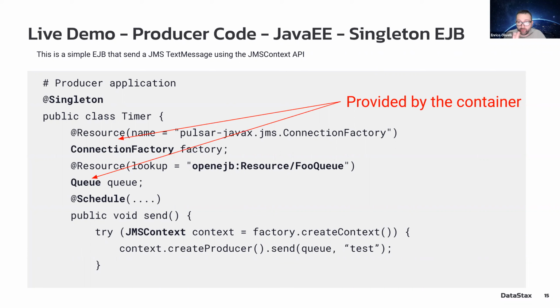This is for Apache TomEE, and here we are asking the container to inject the connection factory that I named Pulsar JavaX JMS connection factory and the queue, full queue. We will see how to do it with TomEE. And then you use the JMS API. It is the container that deals with transactions.